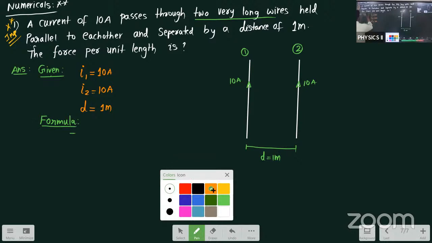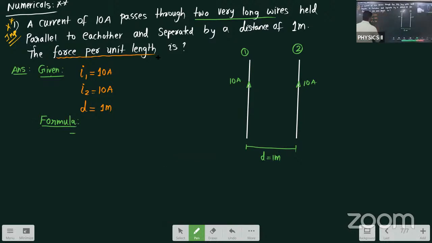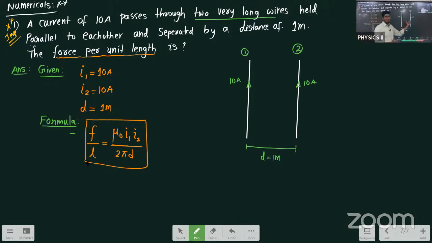Force per unit length is equal to mu naught I1 into I2 divided by 2 pi d. This is the formula for force acting per unit length whenever there are two wires placed parallel to each other. Now let us substitute the values.